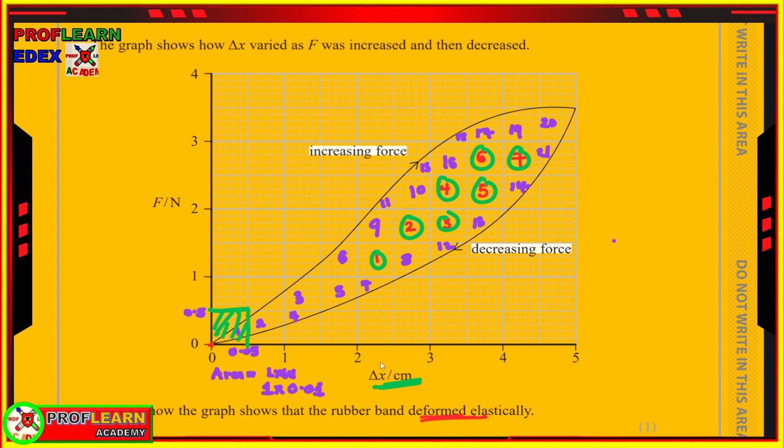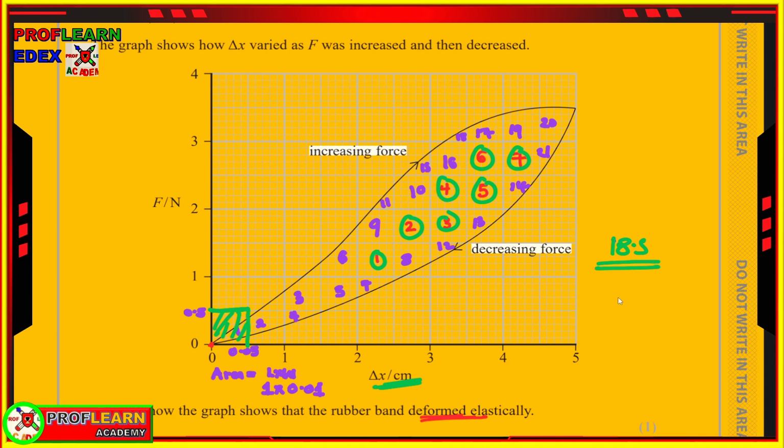So you are going to say 0.5 divided by 100 to get 0.005, then times 0.5 force here, because you want to know the work done in 1 square, so that we can multiply by the number of squares we got.